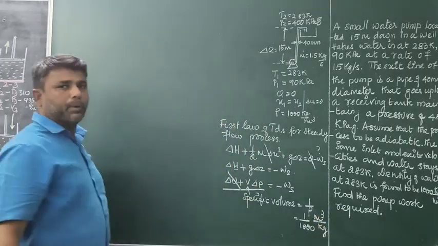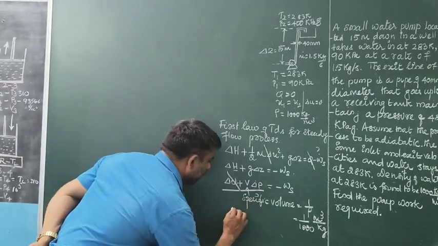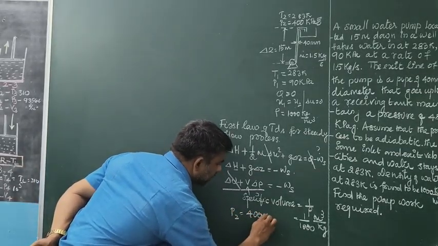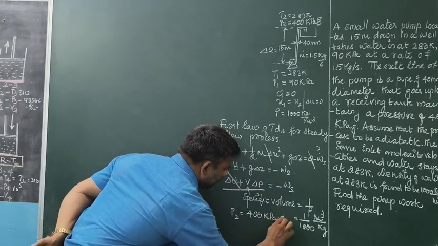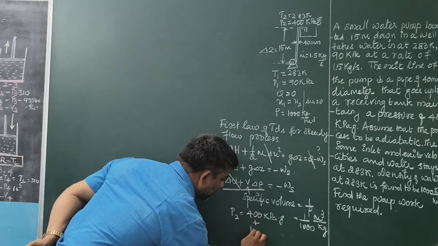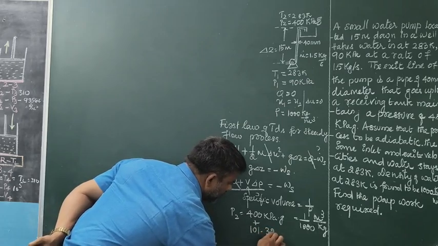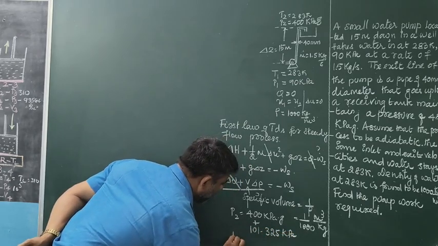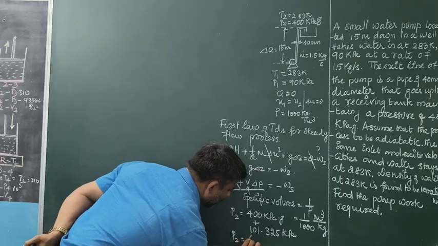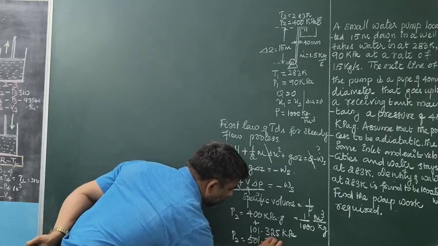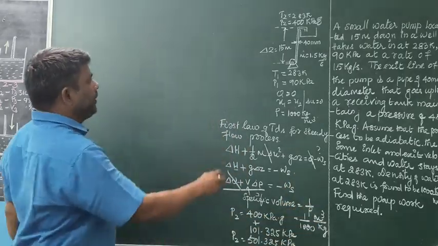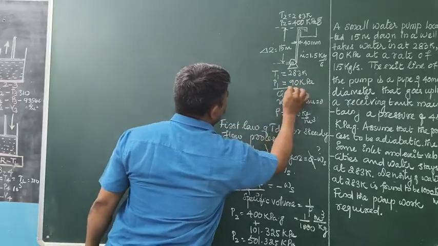The change in pressure is P2 minus P1. P2 is equal to 400 kilopascal gauge plus 1 atmospheric pressure, that means 101.325 kilopascal. Clear? So P absolute, P2, is equal to 501.325 kilopascal. P1 is already given in your problem.